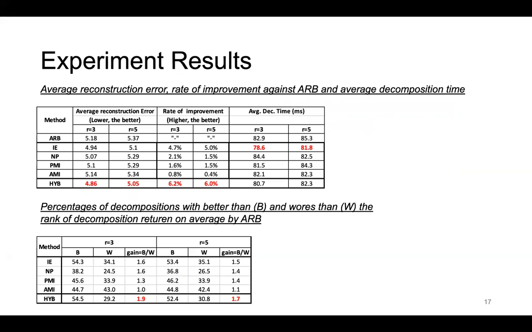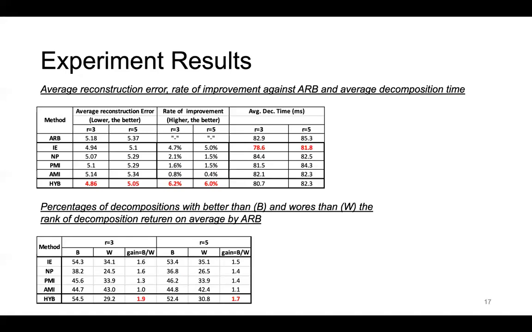So once we have this hybrid strategy, here we list the average reconstruction error, the rate of improvement against the ARB strategy, and also the average decomposition time. So here we can see, first of all, the hybrid one can achieve the best performance in terms of the average reconstruction error, the lower the better, and also the rate of improvement.